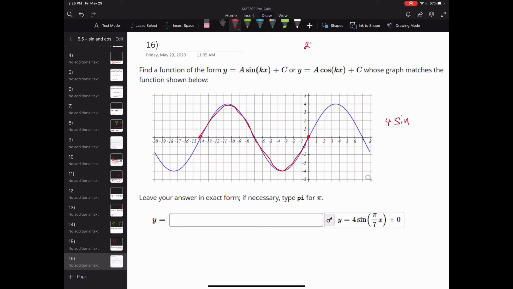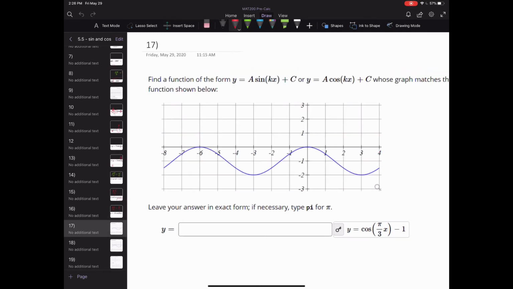So 2 pi divided by 14 is pi over 7, just like the last question. Any horizontal shift or vertical shift? No. So we could leave our answer just like this. Should really be writing y equals in front of there.